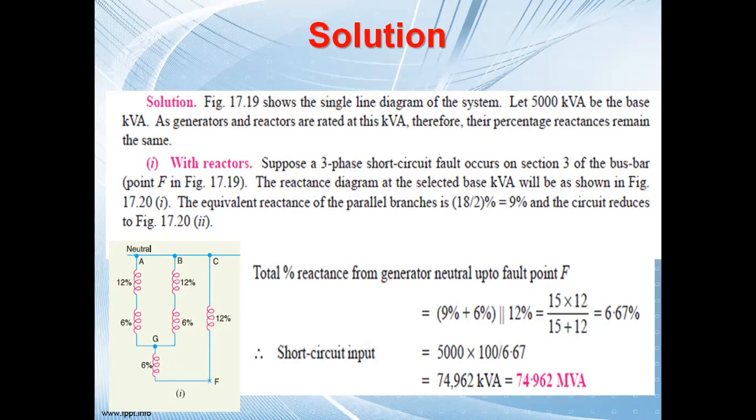Sir, 5.14. What is 5.1? Yeah, percentage reactance. So you calculate the short circuit capacity, the short circuit MVA.